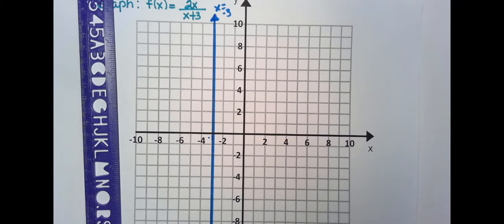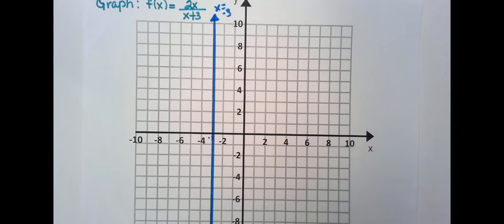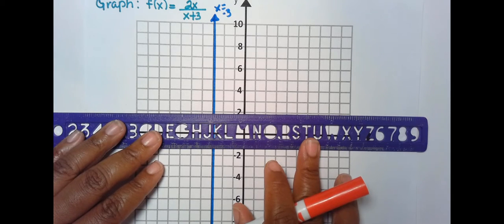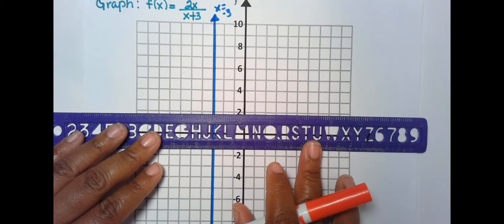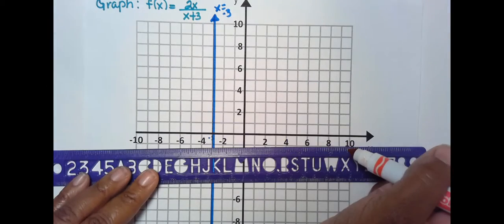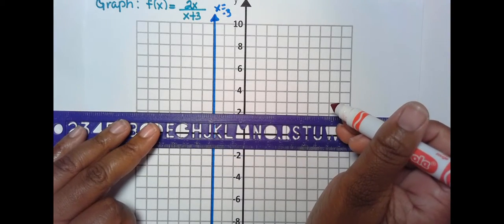Okay, so next let's draw the horizontal asymptote. y is equal to positive 2. Here's positive 2, parallel to the x-axis.